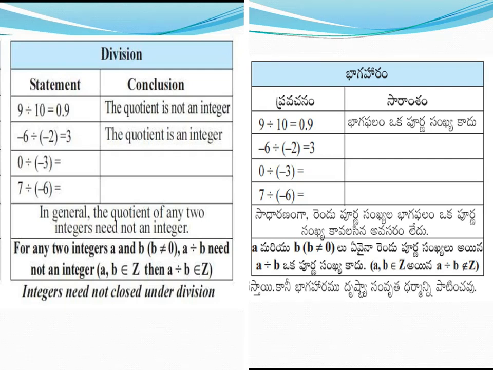So for any two integers a and b, b not equal to 0, means denominator is not equal to 0, a divided by b need not be an integer. So integers are not closed under division.